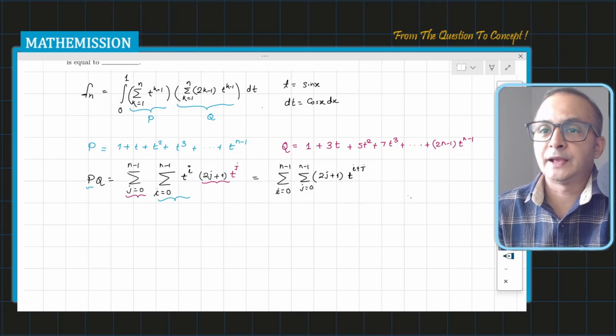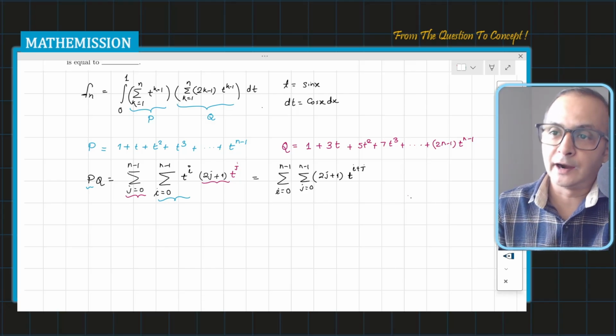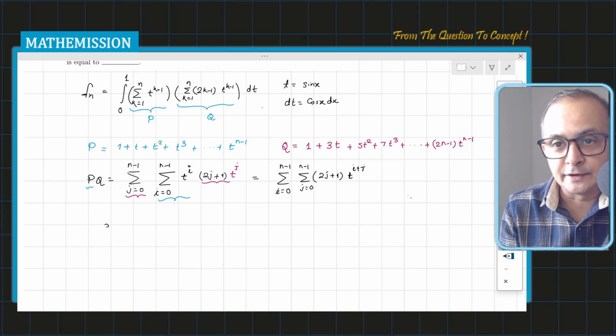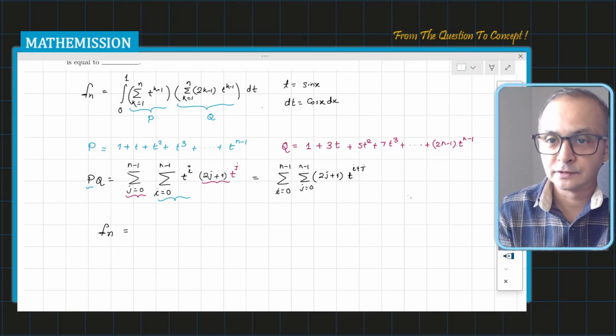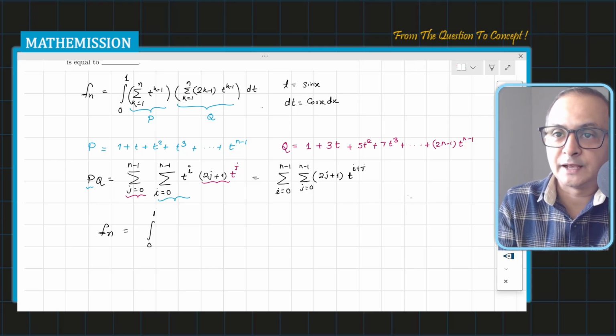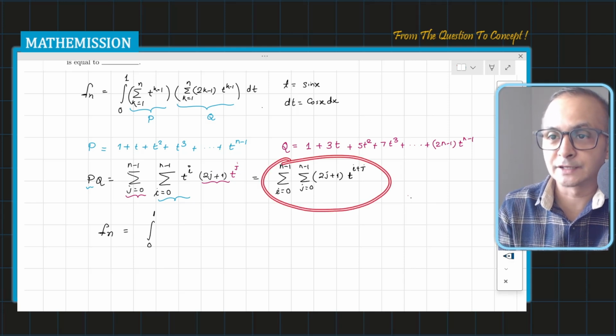So that is a placeholder of this p into q in one single argument of the two summations. So again, I'm writing this Fn here in terms of the new derived way, integral from 0 to 1, and in place of the pq, I'm writing this whole product, what we just discovered.